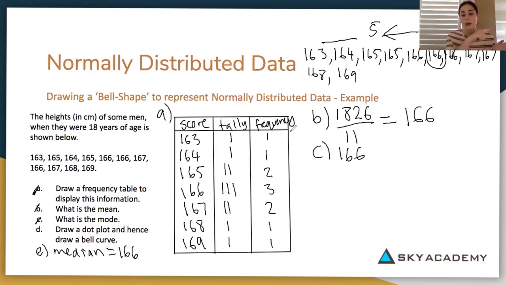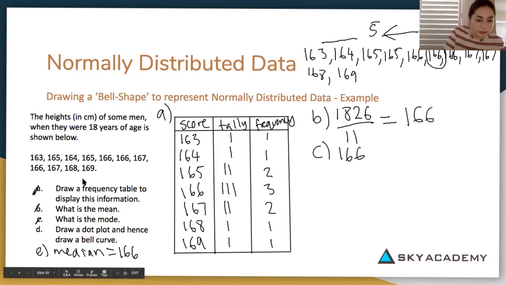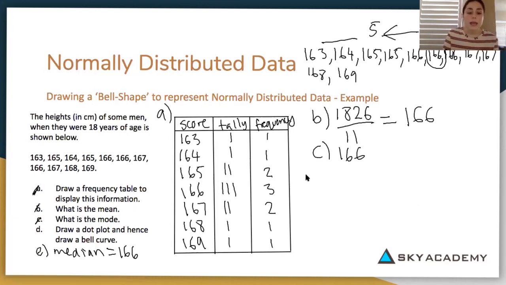And we'll have a look in question D, but it needs to create a bell curve. So let's do question D. Draw a dot plot and then hence draw a bell curve. So if I'm to draw a dot plot, I might do it in the color red so we can see what we're doing. I would draw my line and I would put my values in.